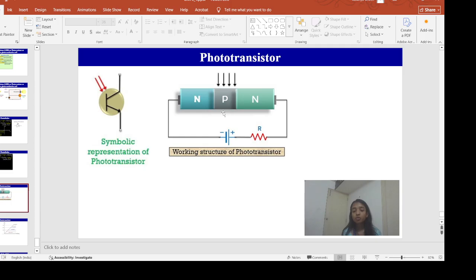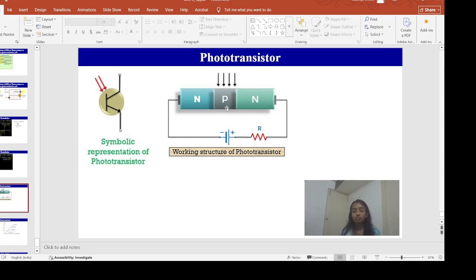It is, as I already said, a normal BJT, but the only variation in the phototransistor is this base region, which is a light sensitive region, and we are not connecting this base region to any external supply.